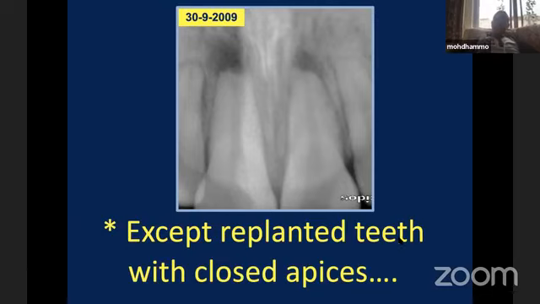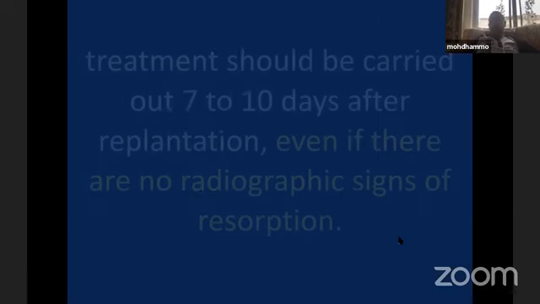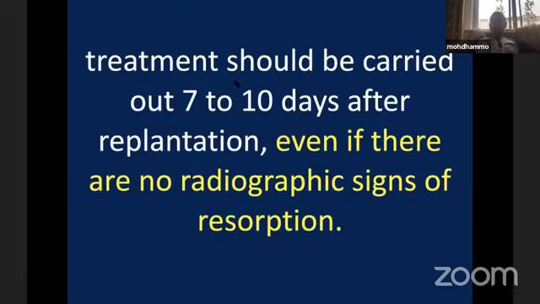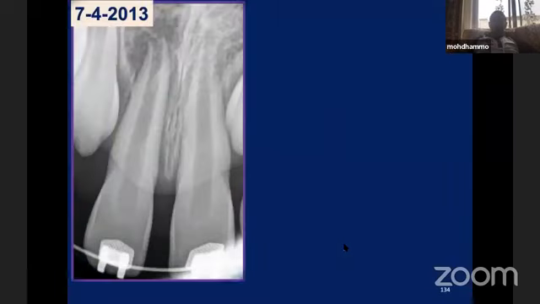If you have an avulsed tooth and you make replantation, you should start root canal treatment even without seeing any resorption. The treatment should be carried out 7 to 10 days after replantation, even if there is no radiographic sign of resorption. We will not wait for resorption to occur. We have to start making the root canal treatment immediately.